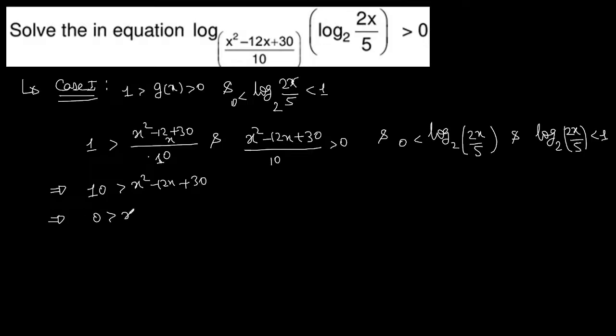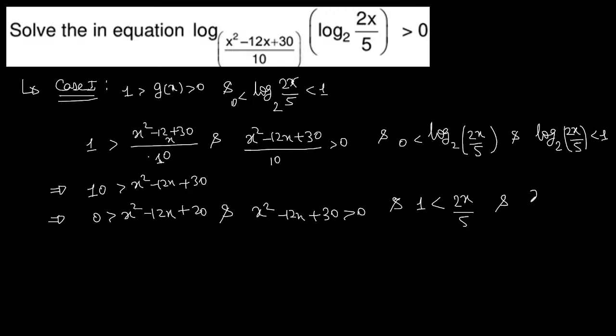We'll do cross multiply. 10 into 0 will be 10. It will be x square minus 12x plus 30 is bigger than 0, and 2 to the power 0 is 1. 2x plus 5 and 2x plus 5 is less than 2.